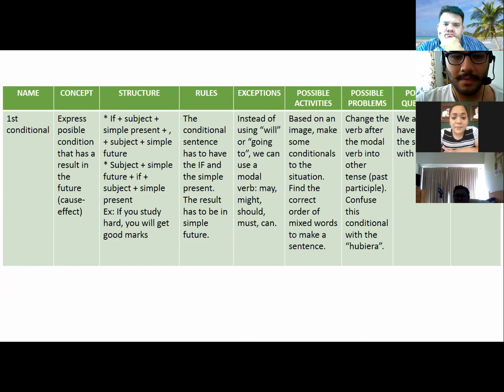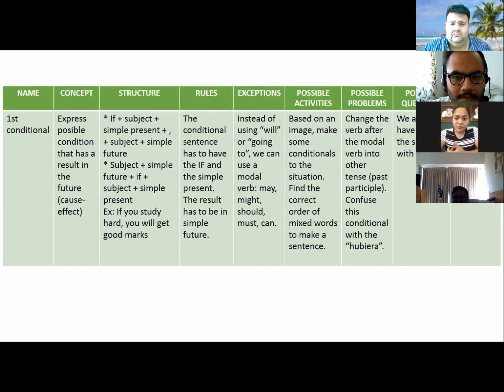As possible questions, we always have to start the sentence with if. And our joker is a Kahoot, a competition of questions. And that's all.